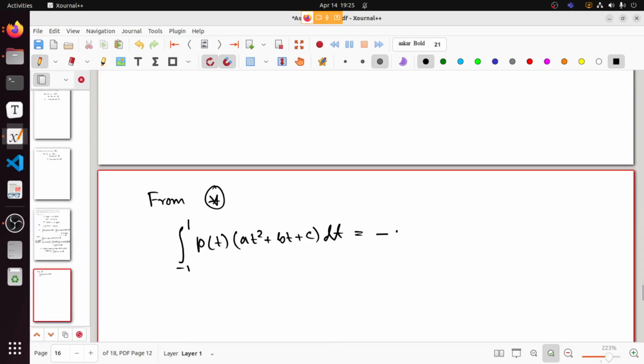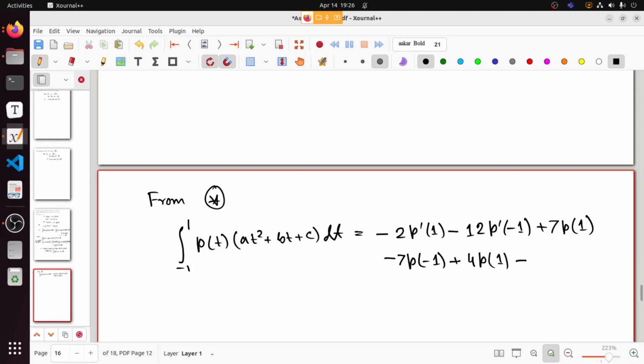This is minus 2 p dash 1 minus 12 p dash minus 1 plus 7 p of 1 minus 7 p of minus 1 plus 4 p of 1 plus 24 p of minus 1 plus the integral from minus 1 to 1 of p(t)(minus 9 minus 7t) dt, right?